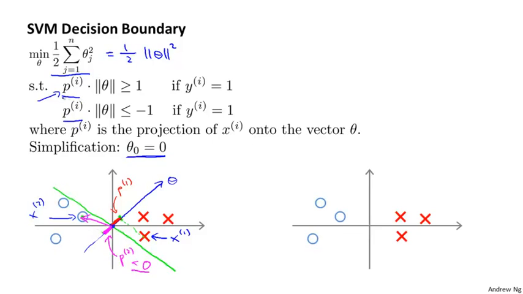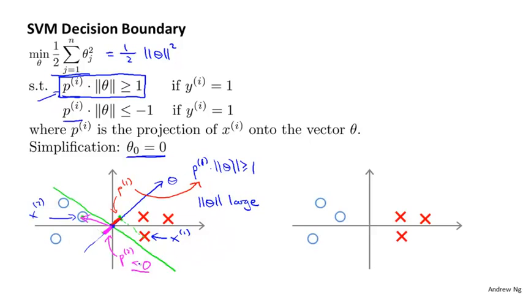And so if we look at the optimization objective, for positive examples we need p1 times the norm of theta to be bigger than or equal to 1. But if p1 over here is pretty small, that means that we need the norm of theta to be pretty large, right? Because if p1 is small and we want p1 times the norm of theta to be bigger than or equal to 1, the only way for the product of these two numbers to be large, if p1 is small, is if we set the norm of theta to be large.